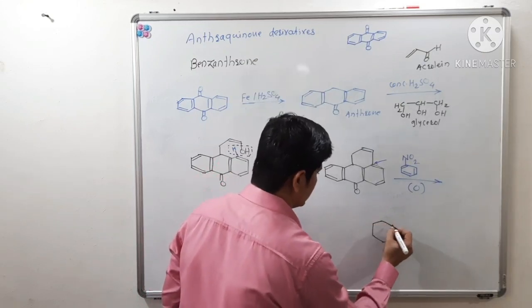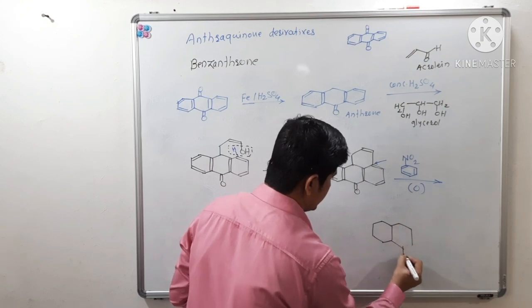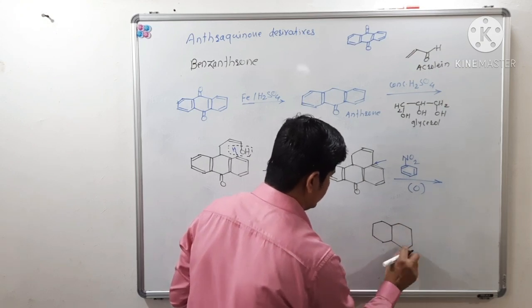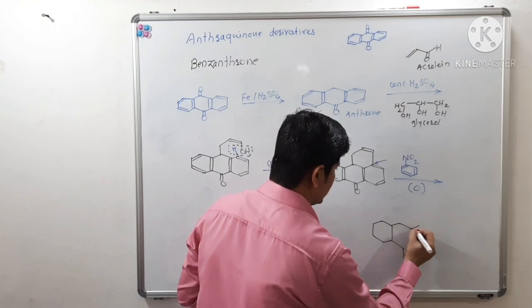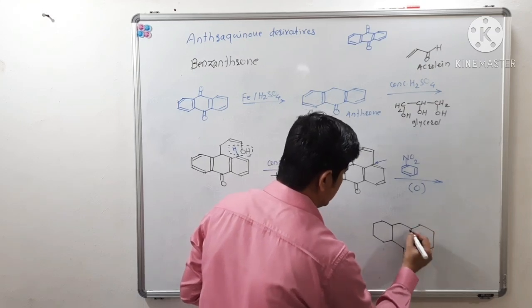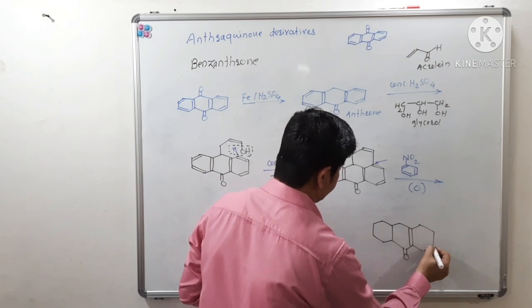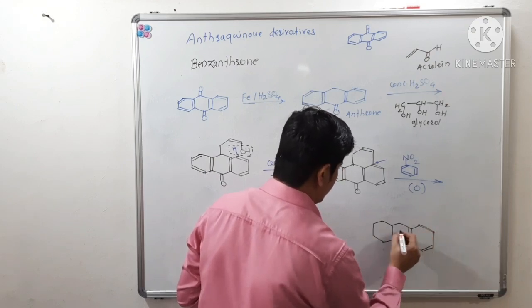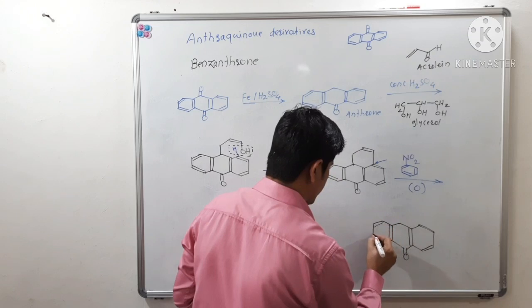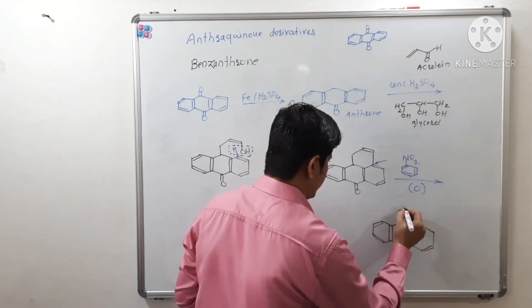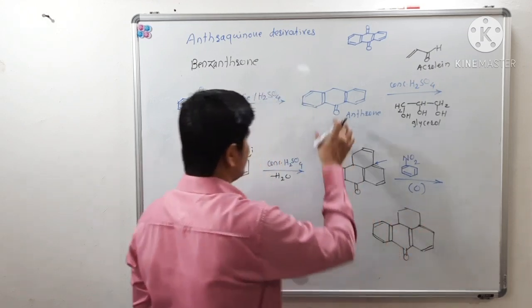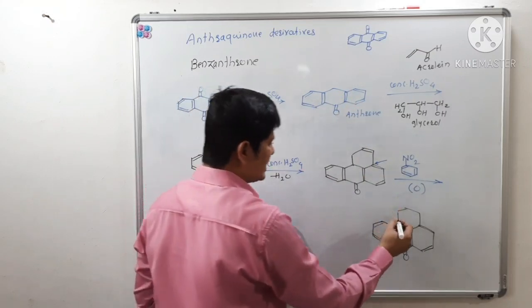We will get benzanthrone. I will write the structure of benzanthrone, so you will get a clear idea what benzanthrone is. Anthrone, this we have seen, and one more benzene ring is there.